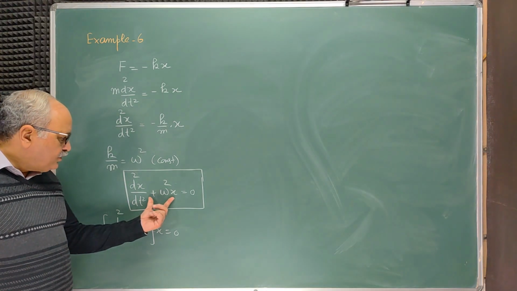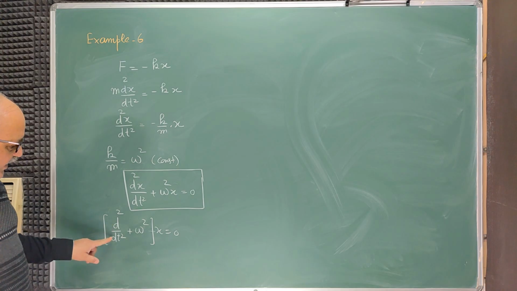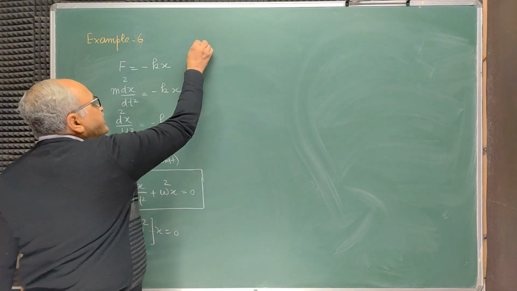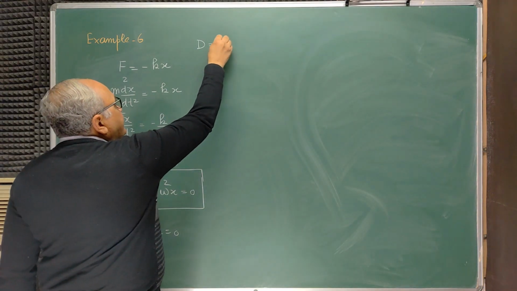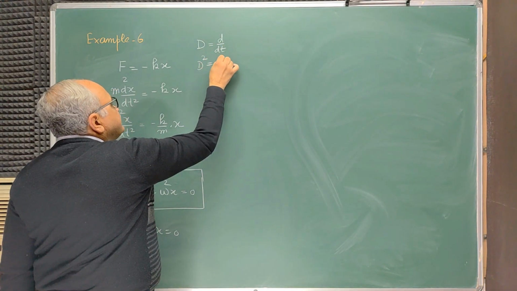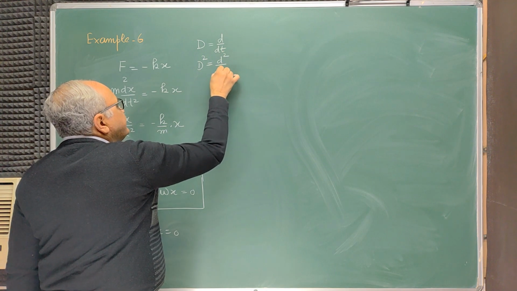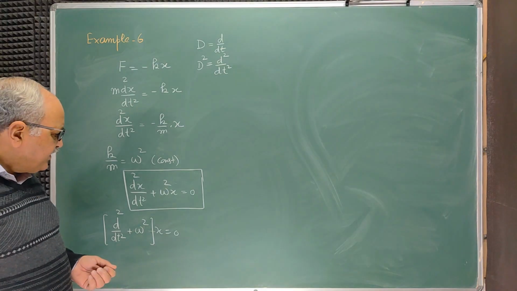So we look at this equation in this manner. This is an operator. I can write this as d over dt, and if it is d square, this is d square over dt square. So this is how the operator equation can be written.